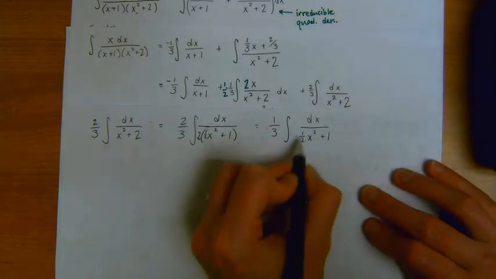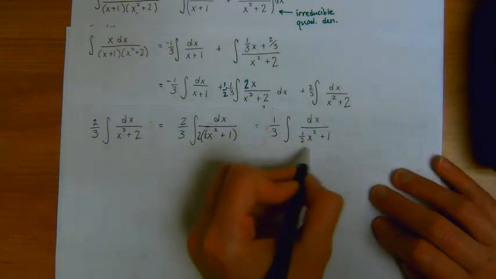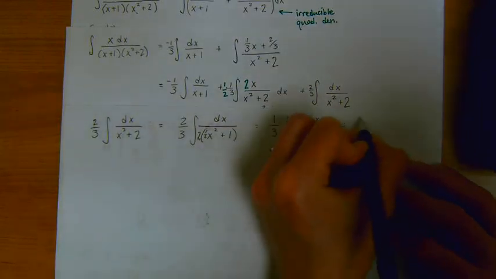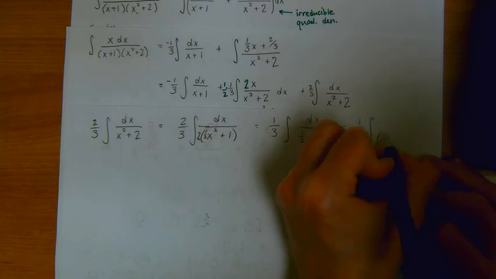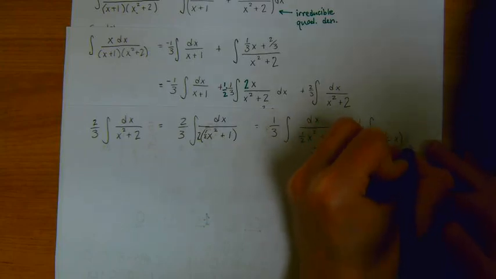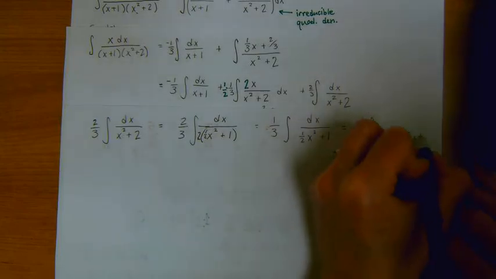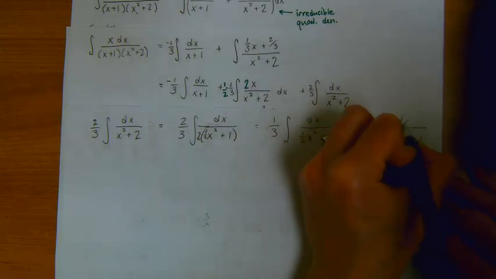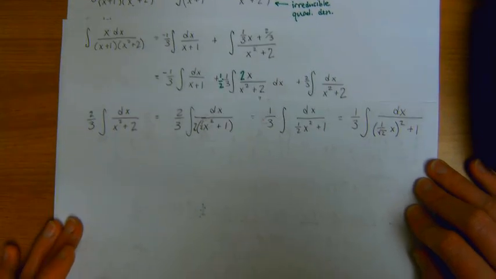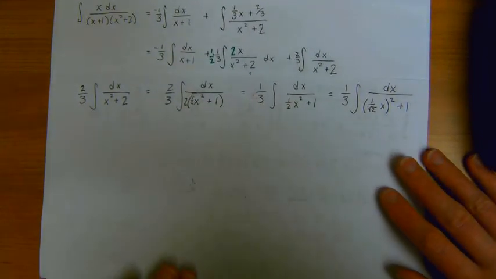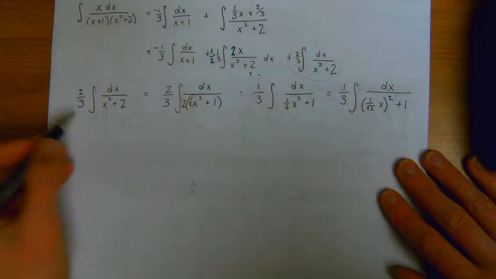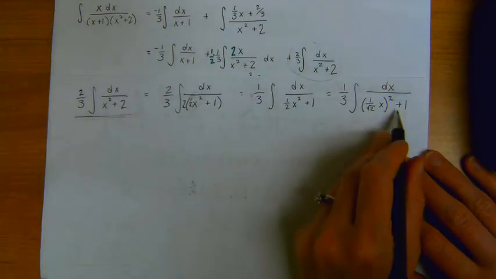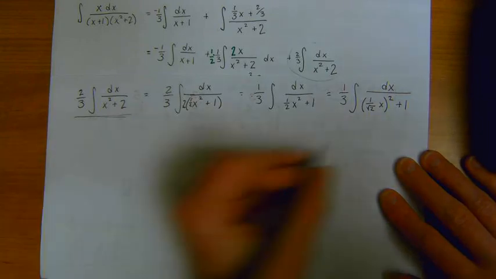Now I want to rewrite this 1/2 x squared as a single thing squared so that I can make my u substitution. So this 1/2 x squared could be rewritten as 1 over the square root of 2 times x, all quantity squared, plus 1. I know, messy scratch work. We're working on this one piece and it's looking like this. And now I can go ahead and make my u substitution.